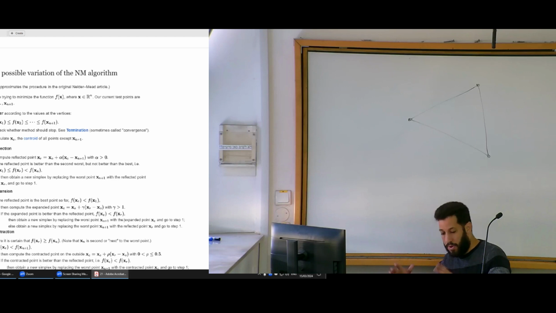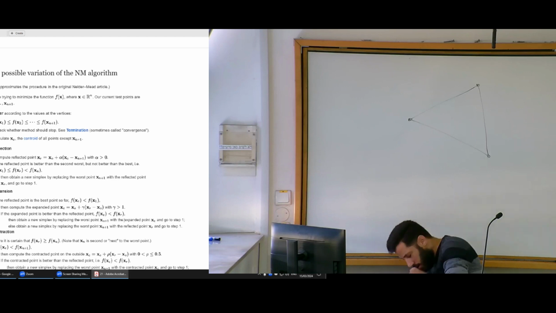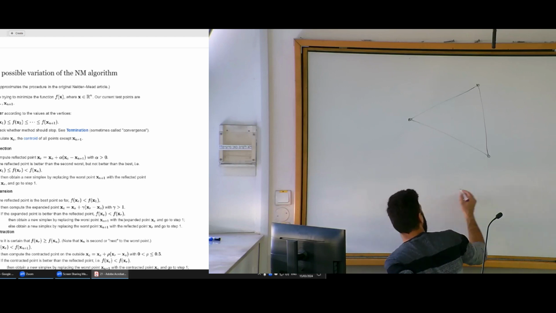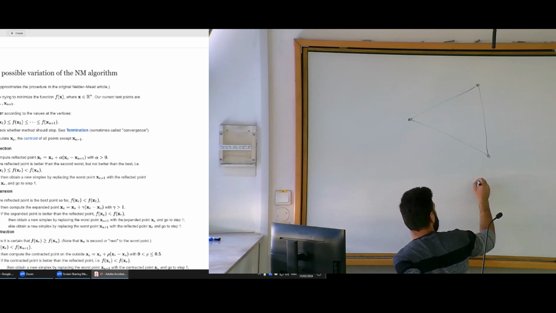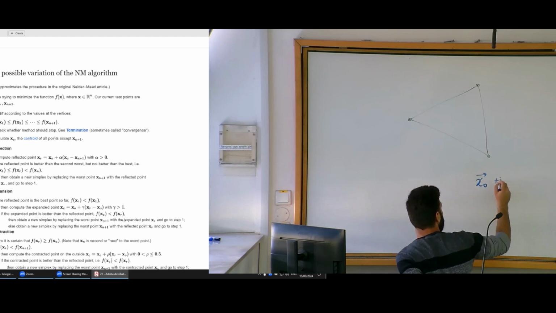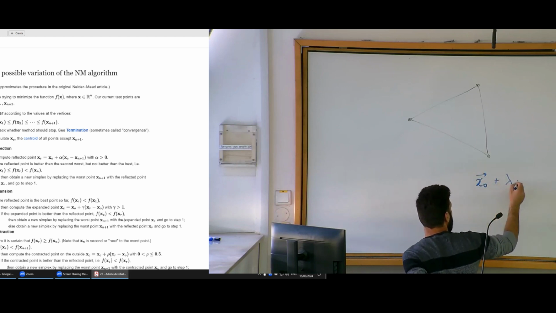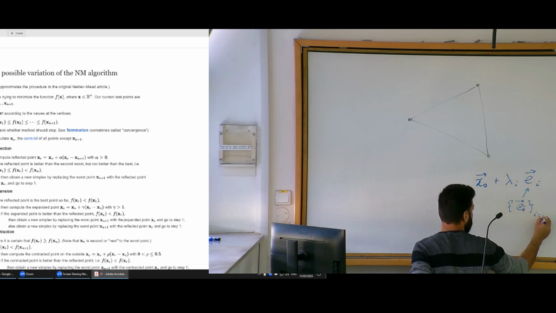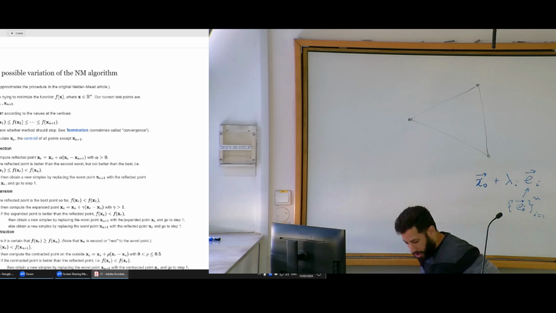They are in n+1. So one way of getting a simplex is taking a point called x0, for example, and taking lambda i e_i, where the e_i are the bases of the n-dimensional space.